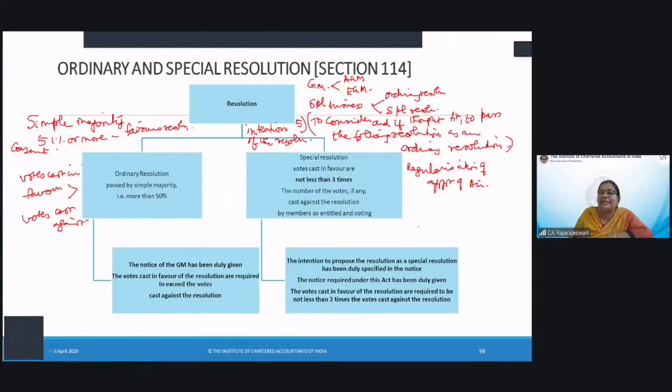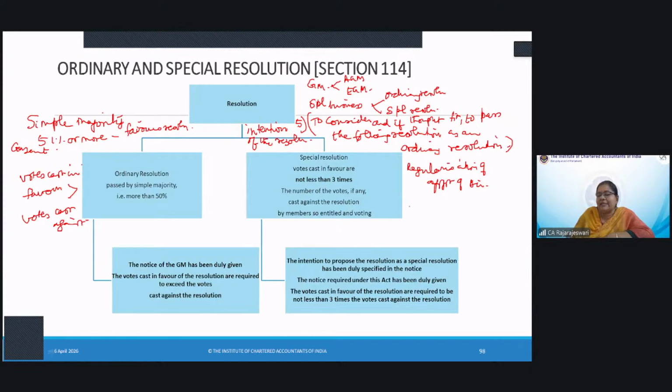Anything other than the four agenda, namely consideration of accounts, declaration of dividend, reappointment of directors retiring by rotation, or appointment of auditors, for all other agenda, the company has to give an explanatory statement, right? So for this ordinary resolution and this special resolution, the company has to give an explanatory statement.